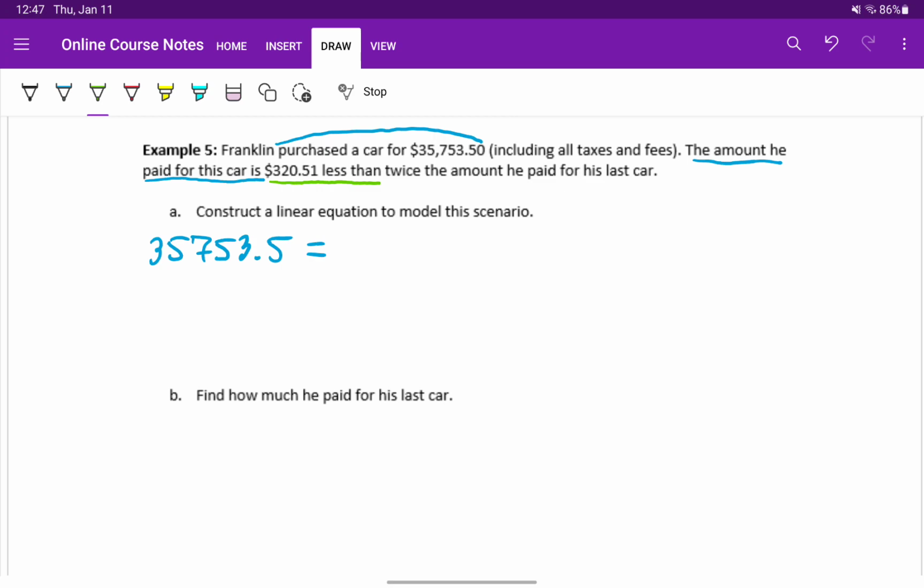So less than means we're getting smaller, we're subtracting. So we're going to leave a little bit of a space, and we're going to subtract that $320.51 and fill in that missing piece with twice the amount he paid for his last car. So twice again meaning 2 times that unknown value, whatever he paid for his last car.